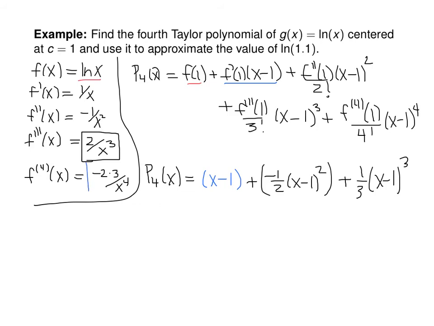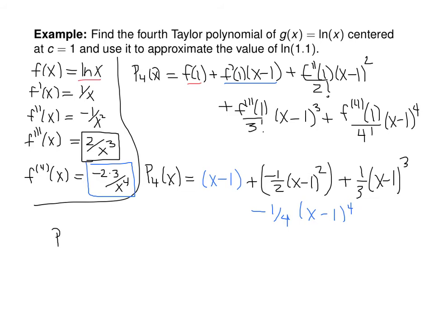And then plugging in 1 into the fourth derivative, we'll have 2 times 3 over 4 factorial, and that will just give us 1/4. So our last term will be minus 1/4 x minus 1 to the 4th.